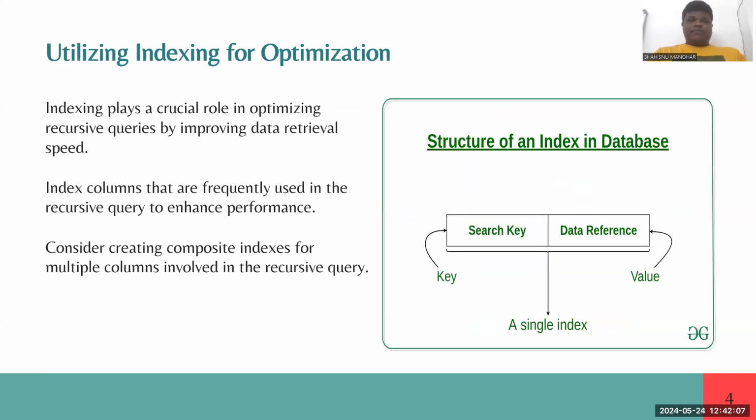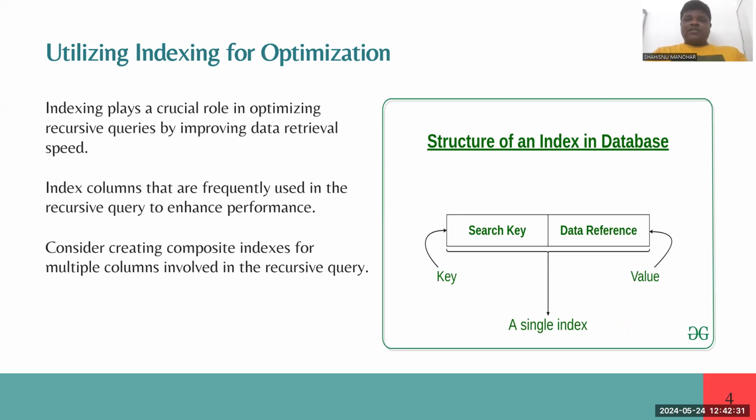This is one method. The other method is utilizing indexing for optimization. Indexing plays a crucial role in optimizing recursive queries by improving data retrieval speed. Index columns that are frequently used in recursive queries to enhance performance. Consider creating composite indexes for multiple columns involved in recursive queries.